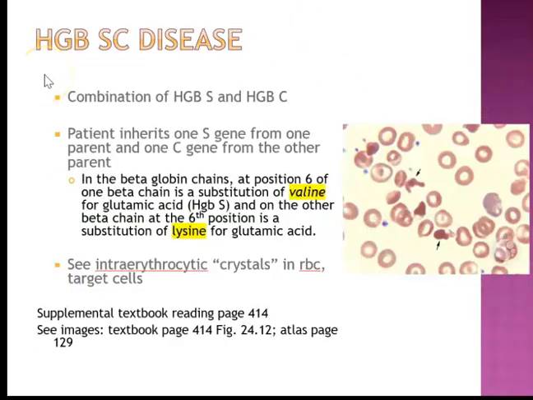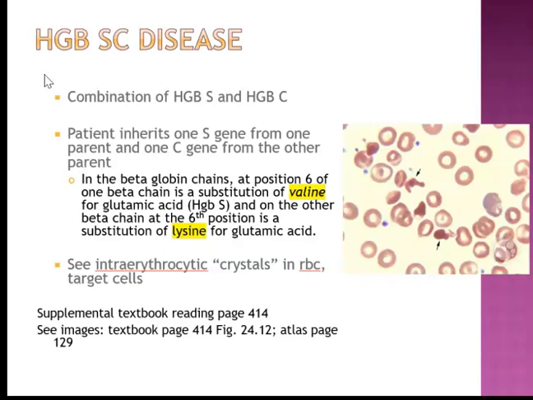The last hemoglobinopathy we're going to focus on is hemoglobin SC. Again, there's many out there, but this is the last one we're going to focus on. This is a combination of hemoglobin S and hemoglobin C. The patient inherits one S gene from one parent and one C gene from the other parent.